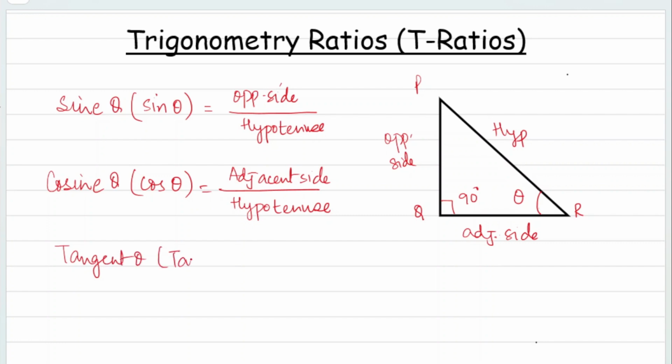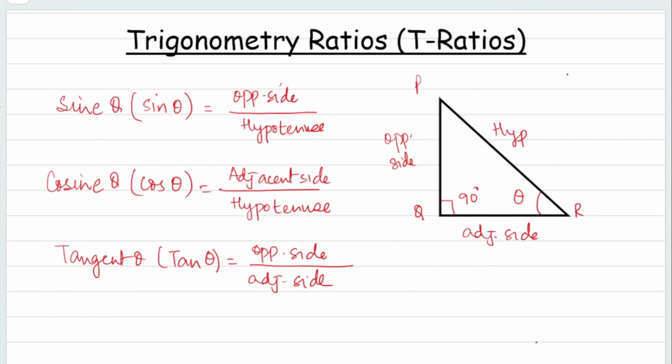In short, we write it as tan theta. It is the ratio of the opposite side to the adjacent side. Once you have these three ratios, you can find any missing angle, any missing side, or whatever you want to solve with respect to this right angle triangle.